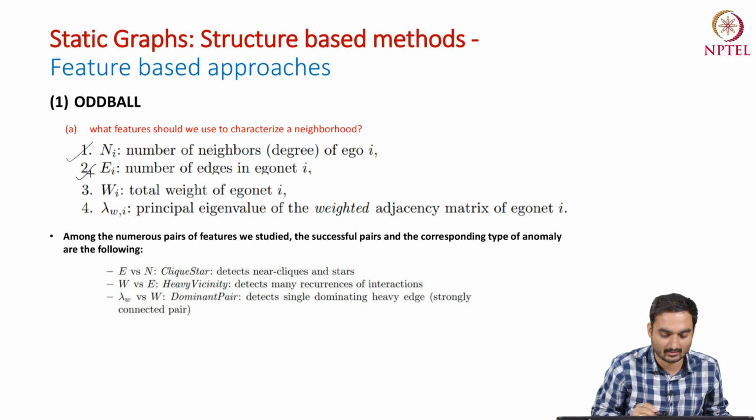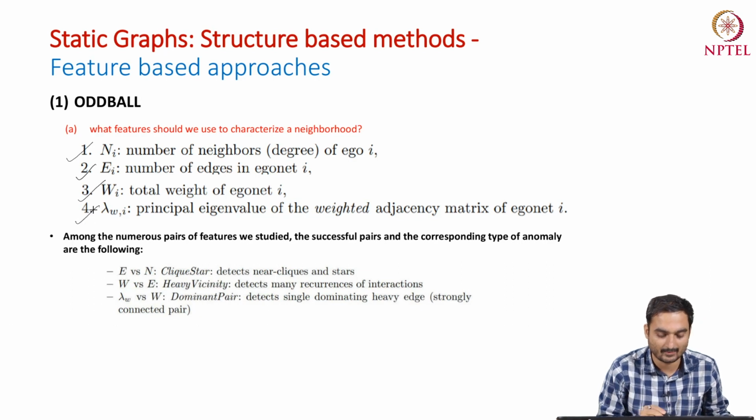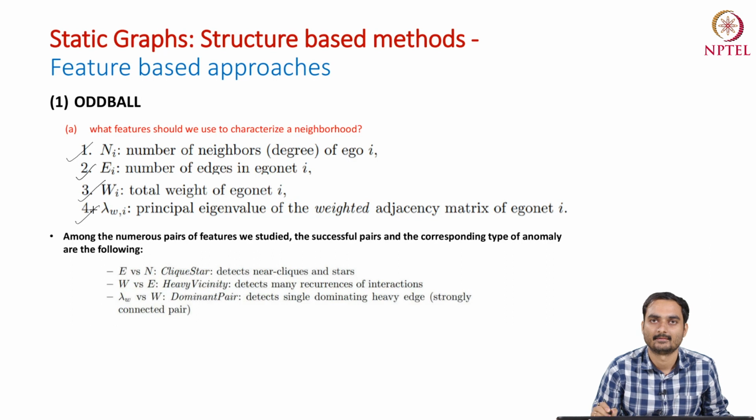So, E_i is the number of edges, and then we have W_i, the total weight of the ego net, which is the sum of the weights of all the edges, and the fourth one, lambda, is the principal eigenvalue of the weighted adjacency matrix of ego net i.